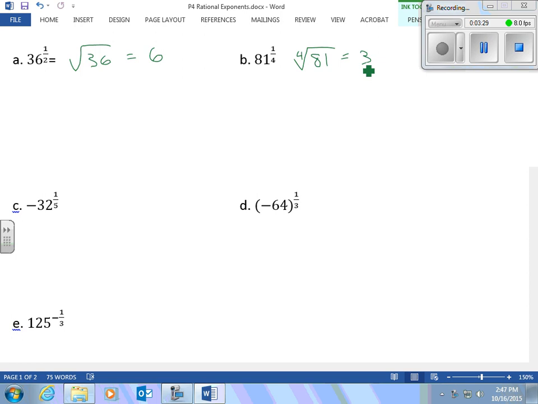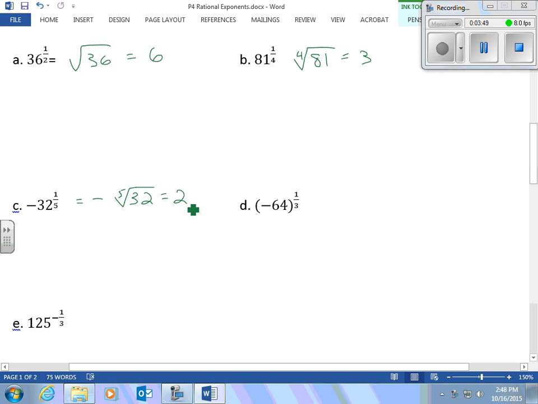Negative 32 to the 1/5 will be negative, because that negative is not in brackets with the 32, so we just leave it out front. So it will be negative the 5th root of 32, which is 2.